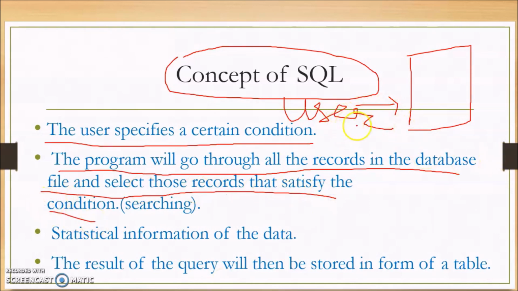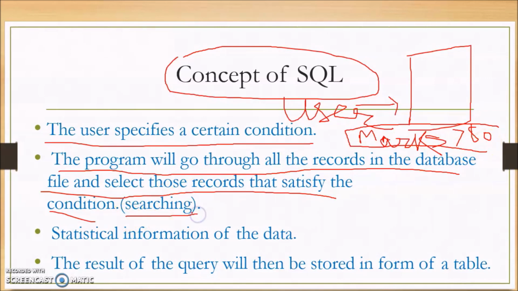Suppose the user has given that I want those records whose marks is greater than 80. ठीक है, ये कंडीशन हो गई जो यूजर प्रोवाइड कर रहा है. Now what would the program do? It would search the records according to this condition. ठीक है, जो भी डेटाबेस में आपके जितने भी रिकॉर्ड्स हैं, उन रिकॉर्ड्स में से एक्सेस करेगा कि where is the marks greater than 80. So we can say that a searching process starts.